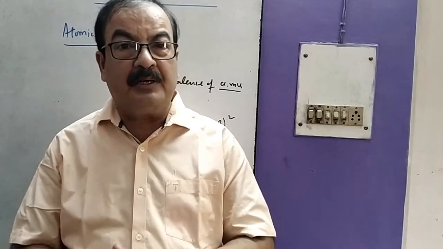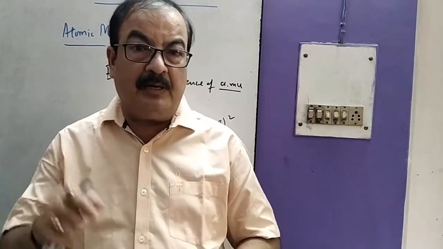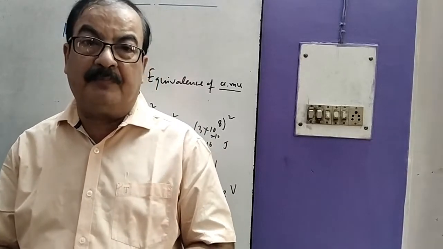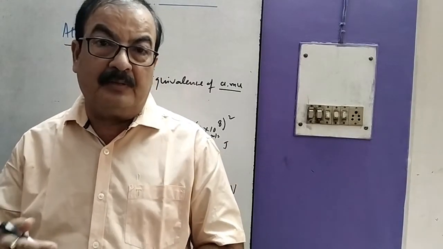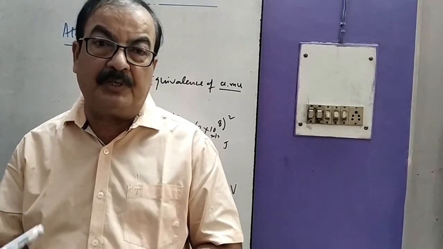We must study nuclear fission and fusion. That could be studied only once we discuss the binding energy curve, and there we have to discuss mass defect as well. All those things will be discussed in our future lectures.